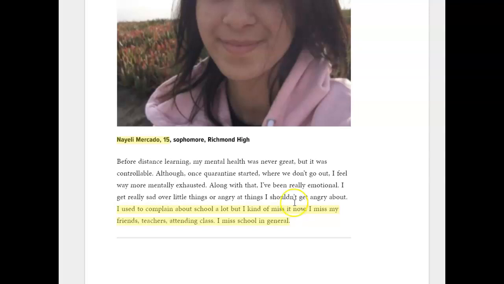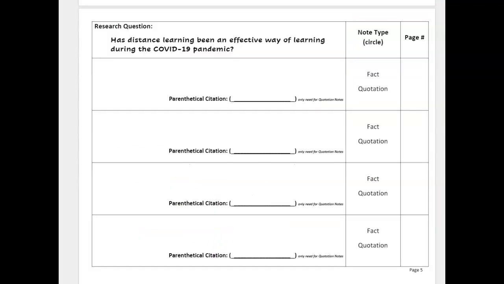Now, she is sharing her opinion, and it's an opinion because not everybody is going to agree with her statement. There will be other people who did not miss school, who did not miss attending class. So if I'm going to put this information into my notes, it's going to be used as an opinion. And opinions get turned into quotation notes.